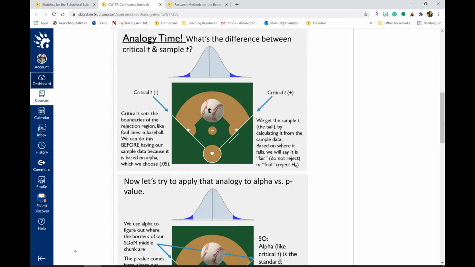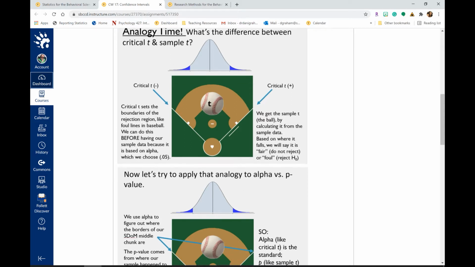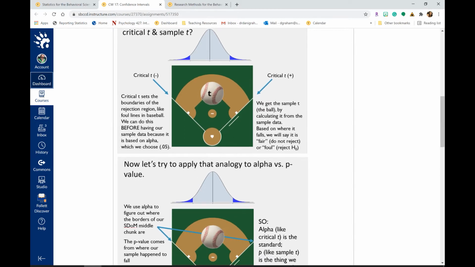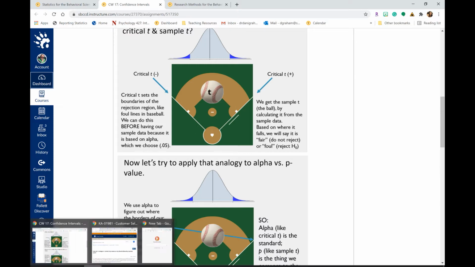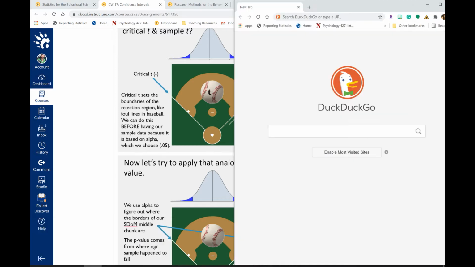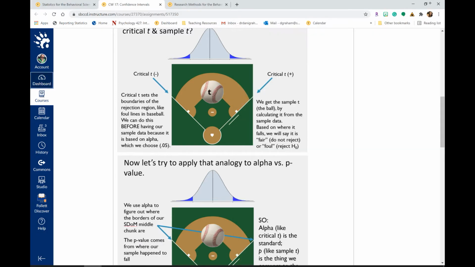We have two different t values, and then what's the difference between this 0.05 and this p-value? So I like to use this analogy of a baseball diamond. And you can think of other sports as well. Basically, any sport where there's a foul line is going to work for us here.